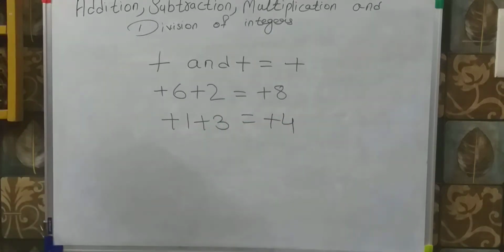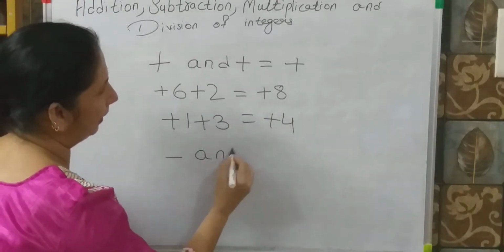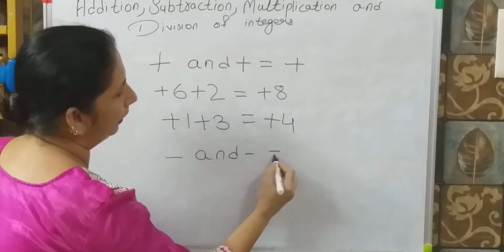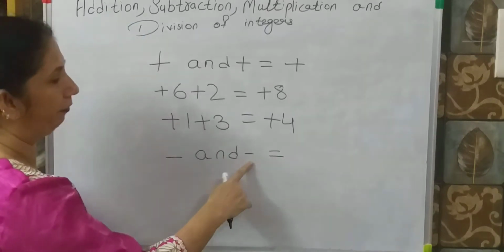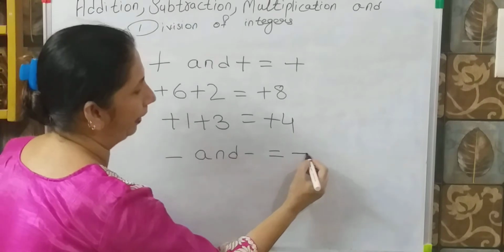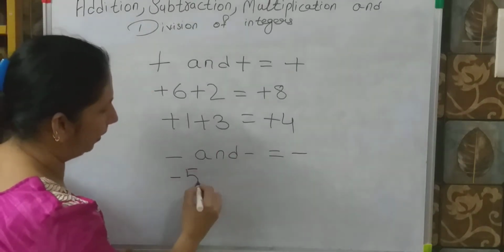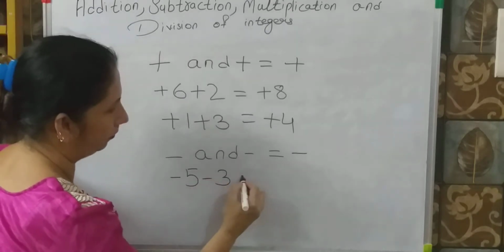In the other case, suppose we have two negative signs, minus and minus. Now in case of two negative signs, we are doing addition but we are putting the sign of negative. For example, -5 -3.